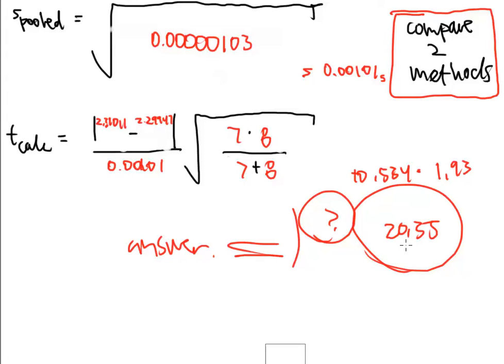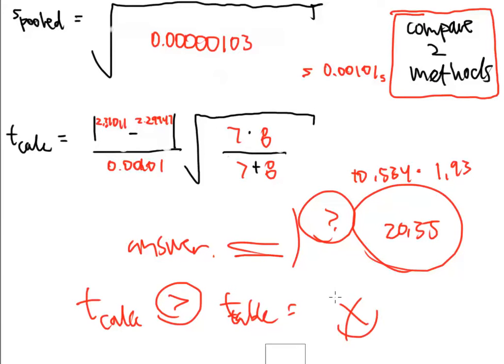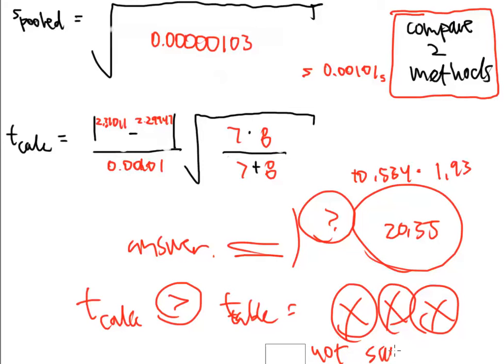So because my T calculated is greater than the T table, this means that the two methods are not the same. They are telling me different stories, which means one of these methods is better than the other. One of the methods I cannot use because it's too far off from the accepted value. They are not telling me the same story, and I've got to figure out which one it is.